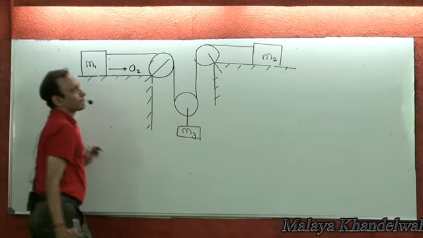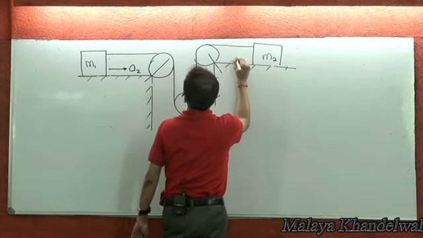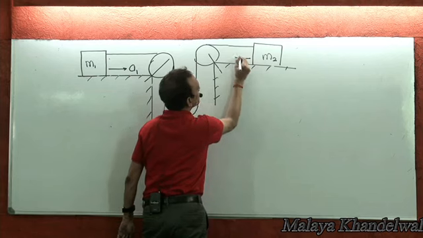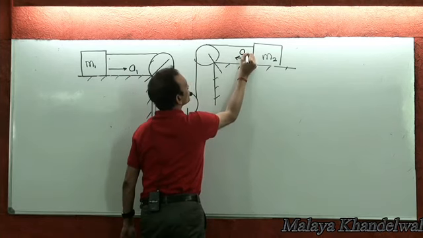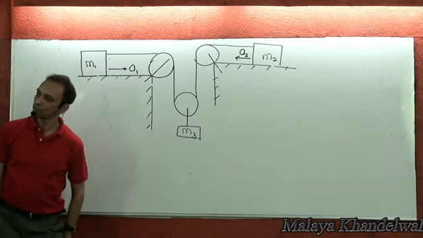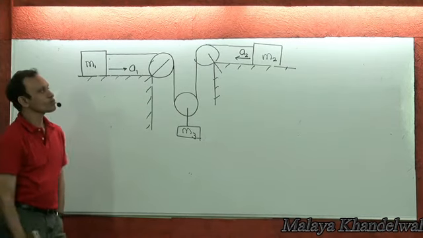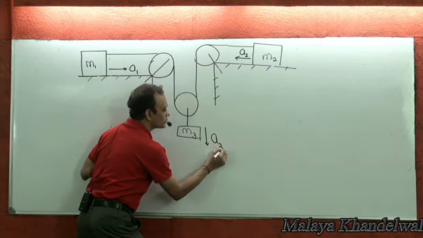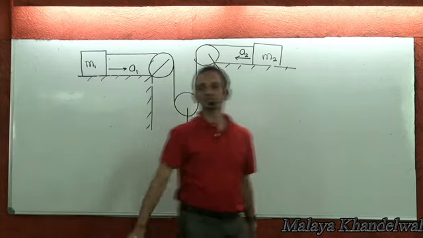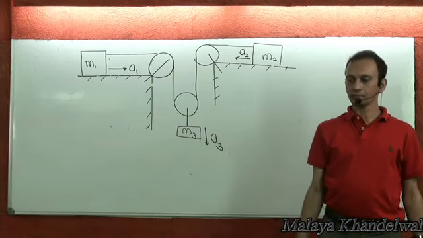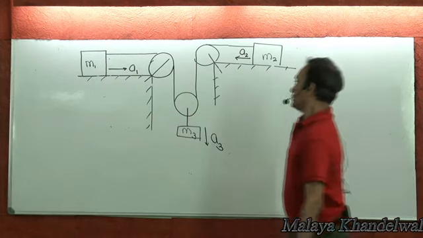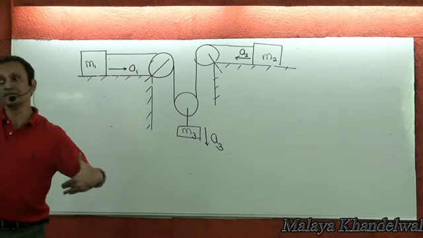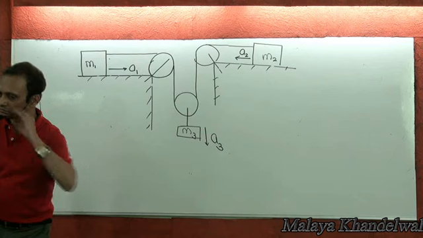M2 has an acceleration, say, A2 leftwards. M3, say, has an acceleration A3 downwards. I'm seeking to connect A1, A2 and A3. I want to be able to connect A1, A2 and A3. Right?